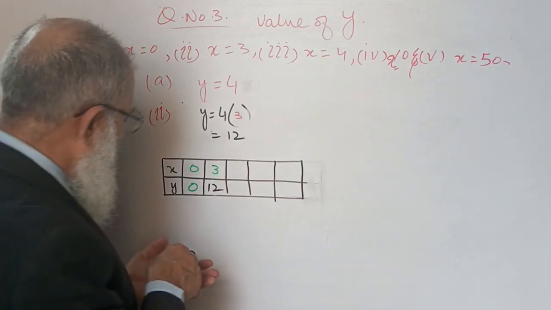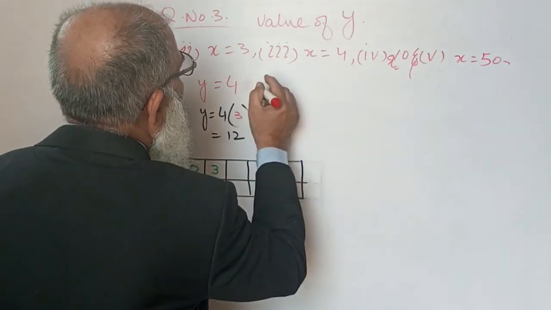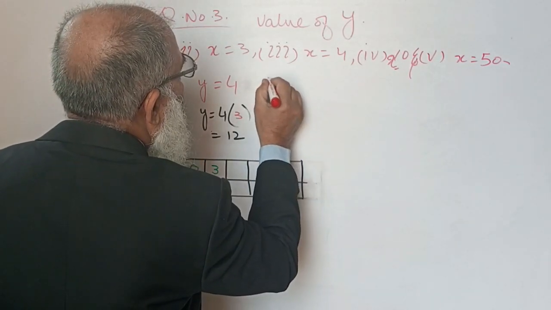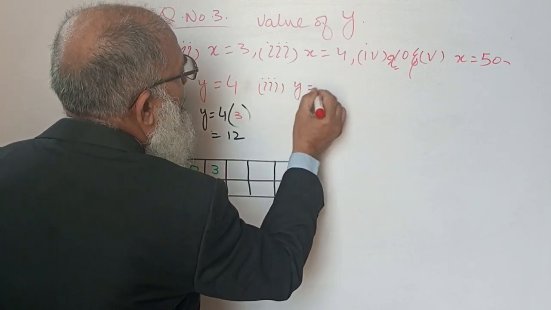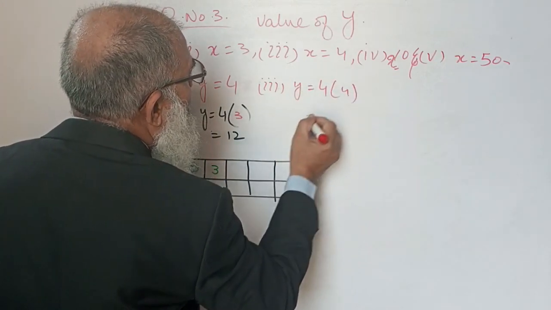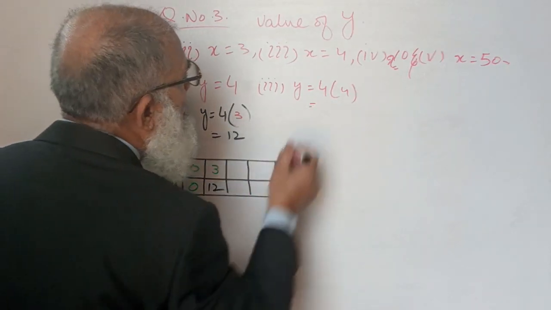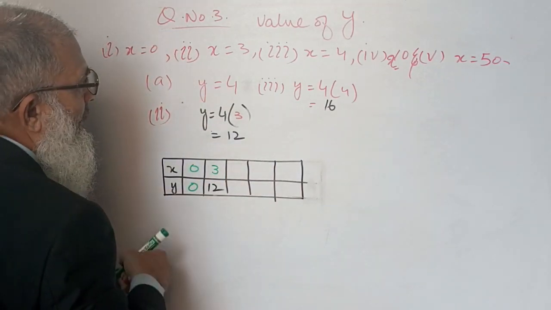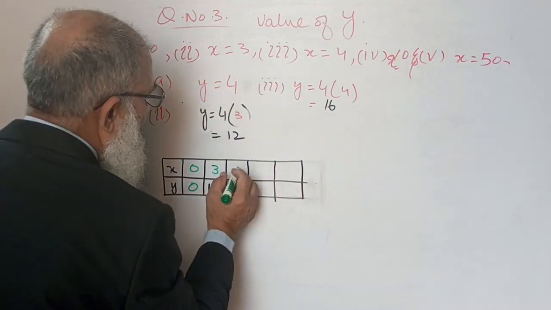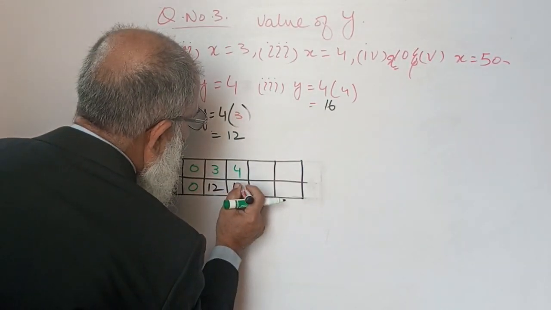Similarly, going ahead, this is part 3 and part 3 is x is equal to 4. So y is 4 multiplied by 4, which is equal to 16. Now when x is equal to 4, the corresponding value is 16.